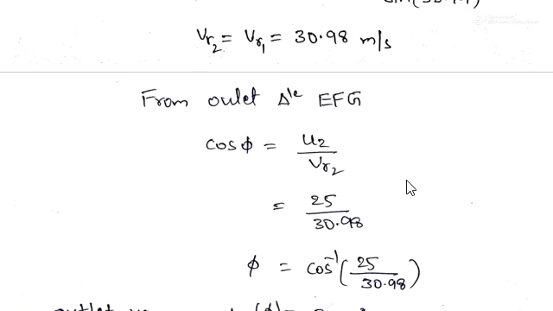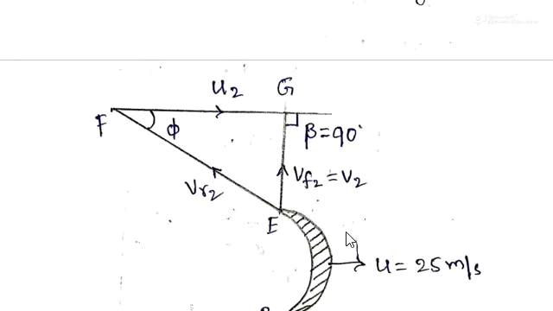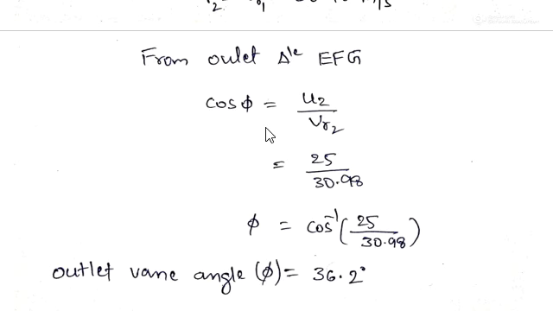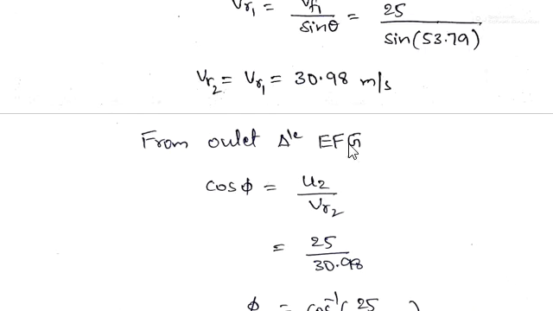Also from the outlet triangle EFG, cos phi will be the adjacent by hypotenuse, so cos phi will be U2 by VR2. U2 is nothing but U1 or U, that is 25, and VR2 just now we got 30.98.